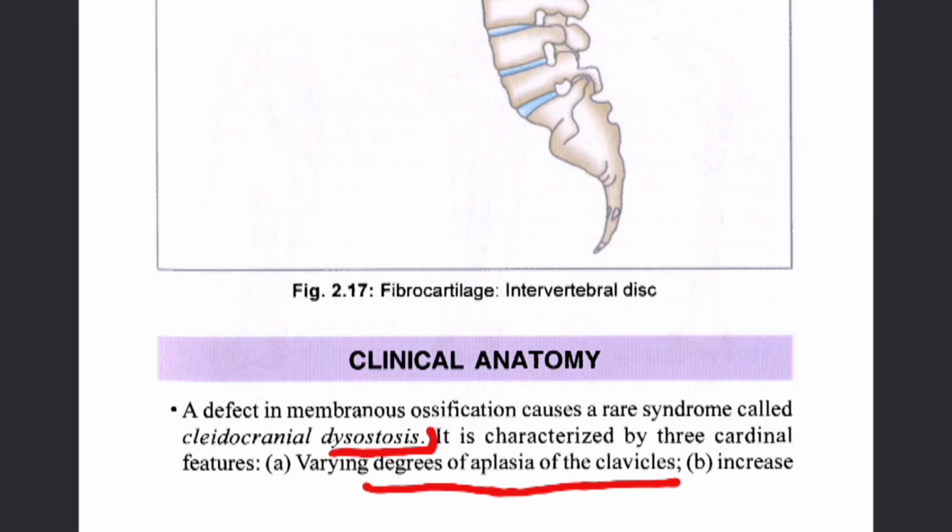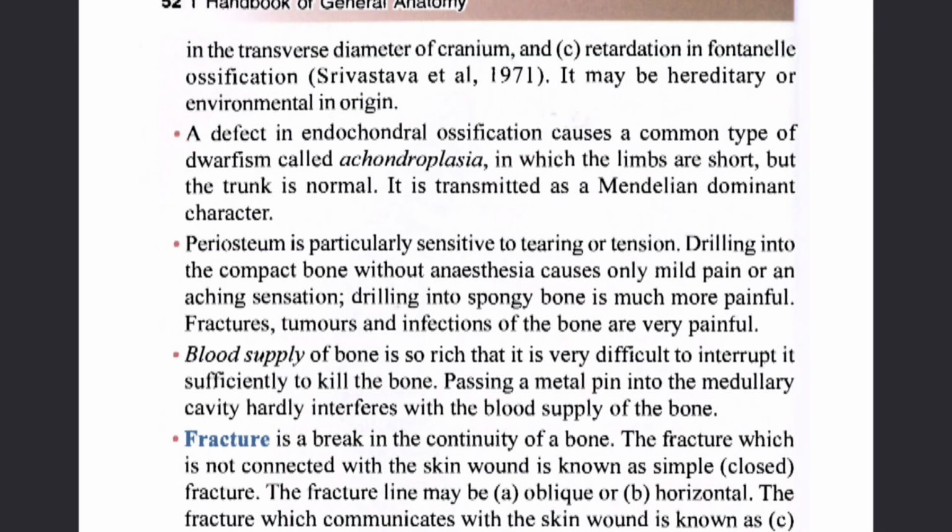It is the defect in the membranous ossification. We have studied the dermal ossification. The first feature is varying degrees of aplasia of the clavicle. Second is the increase in the transverse diameter of the cranium and the retardation in fontanelle ossification. Okay, it may be hereditary or environmental in origin.